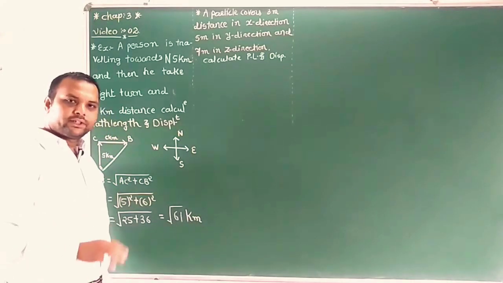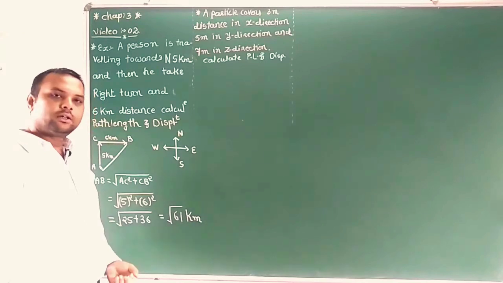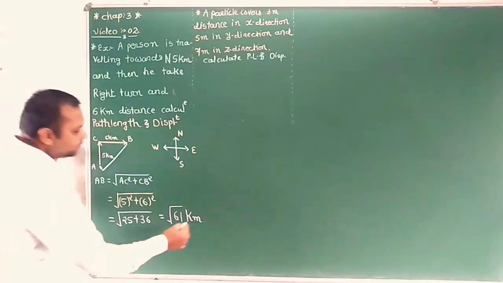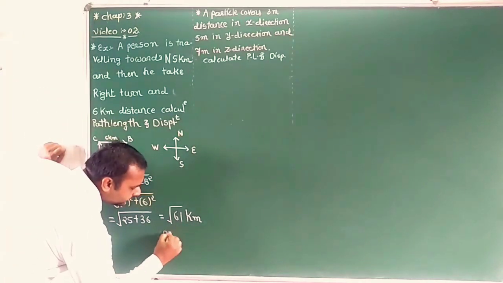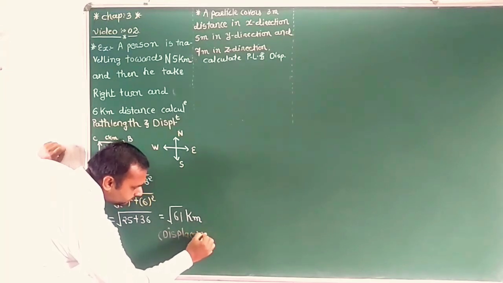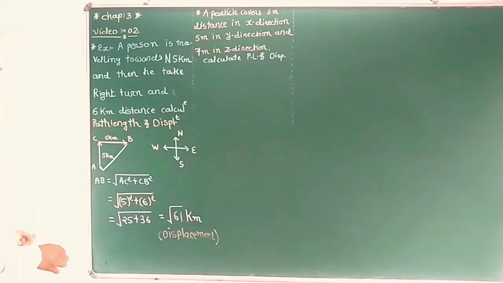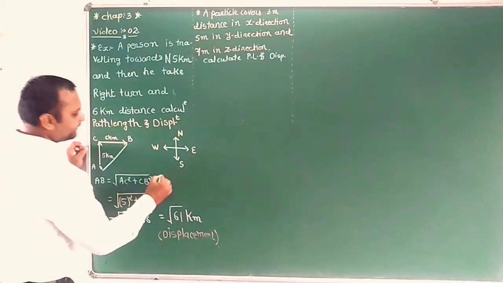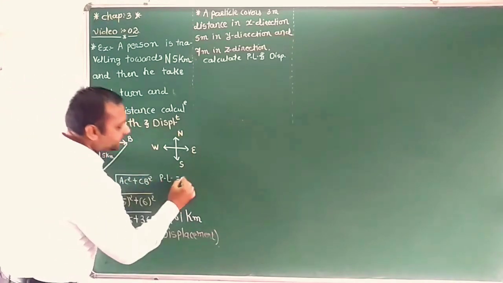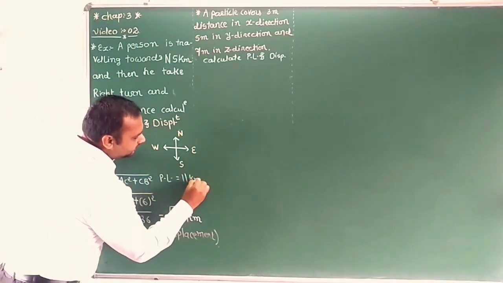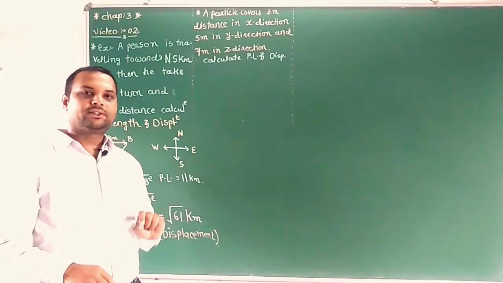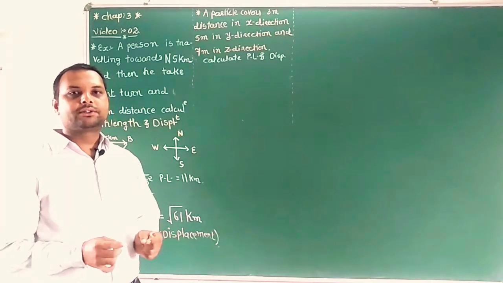You can get the fractional value of this root 61, whatever it is. This is what you have found out, the displacement. And the path length is 5 plus 6, that is 11 kilometer.